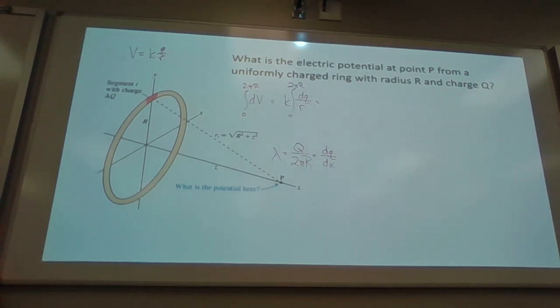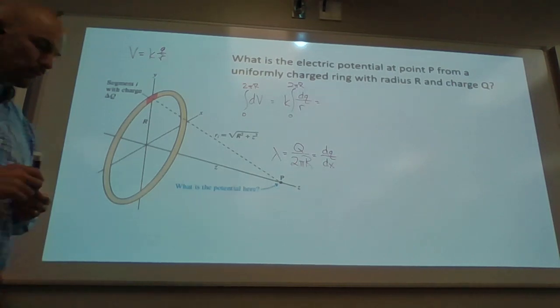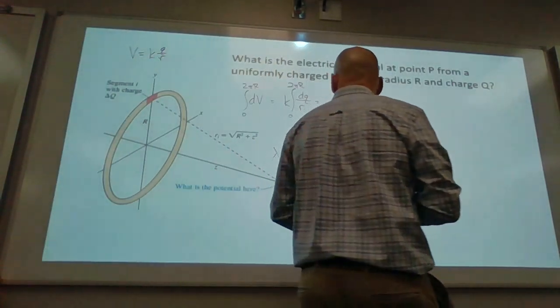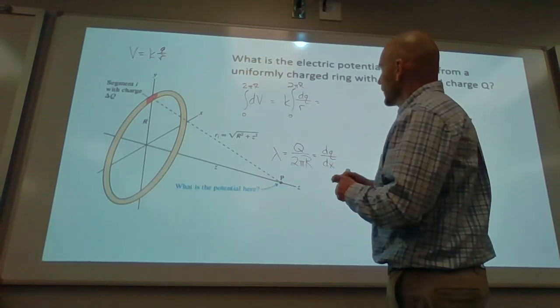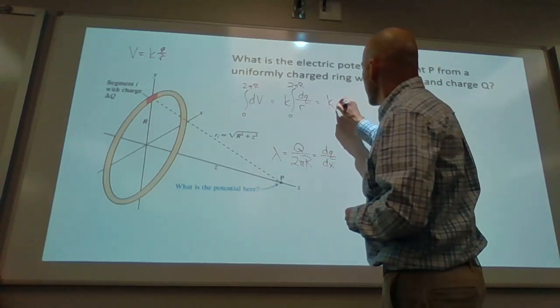The x and y components can't be. I said dq over r, or little r, equals q over r. No, the angles are the same. R is fixed.